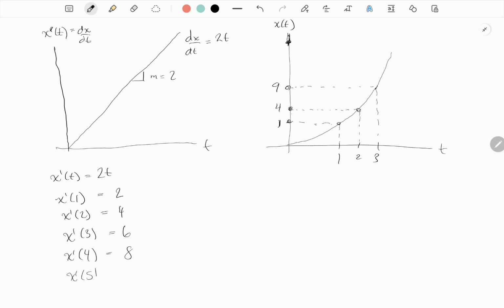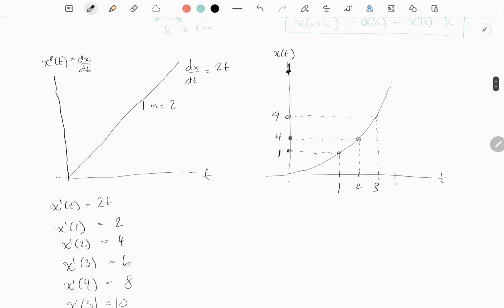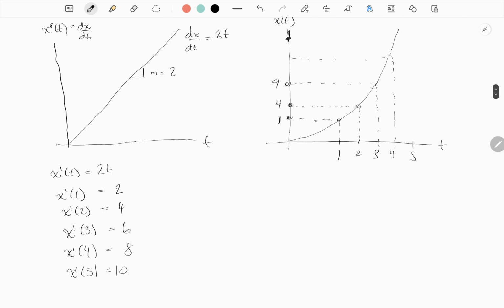X prime at 5 is equal to 10. These are the knowns.